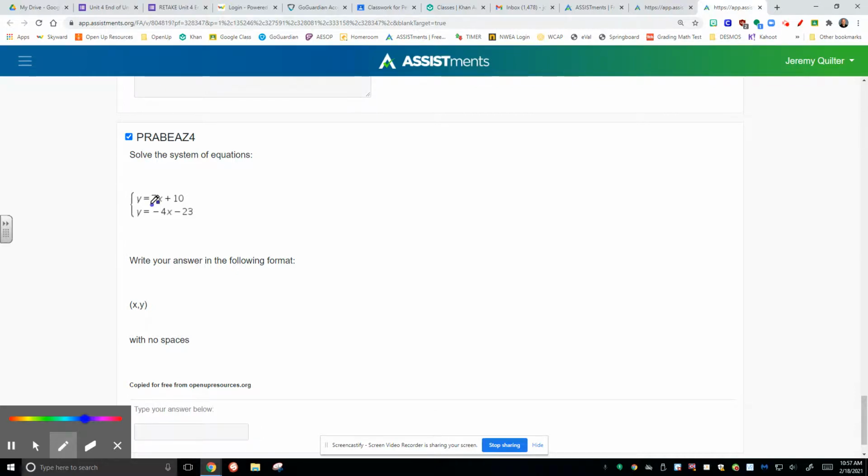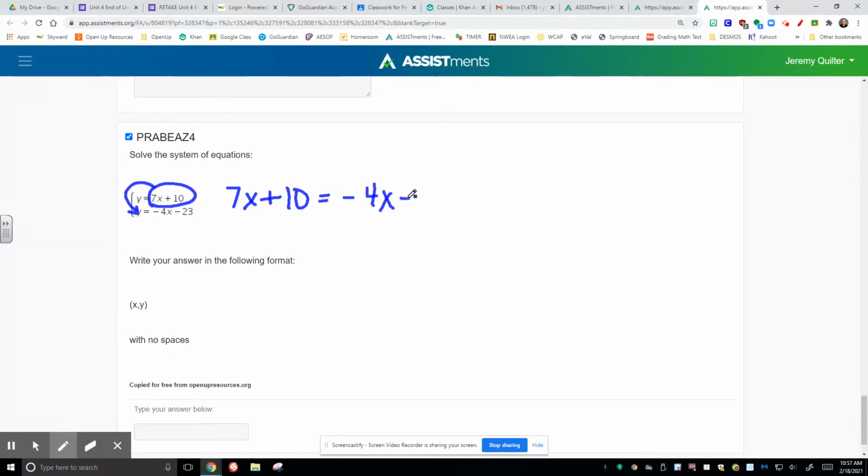Since they both equal y, I can substitute the expression right here for this y. And I know that 7x plus 10, 7 times x plus 10, is equal to negative 4 times x minus 23. And the reason I can say that is because both of these expressions on the right have the exact same value.